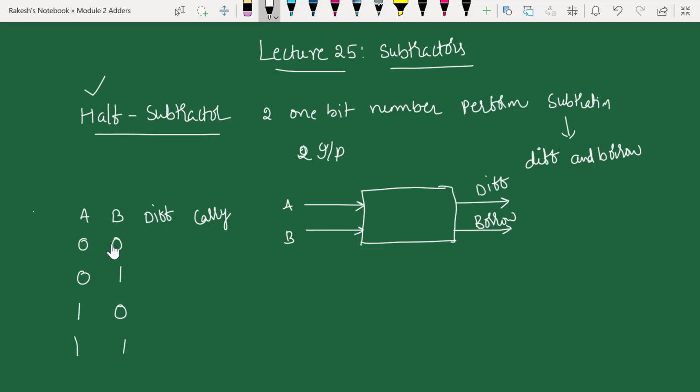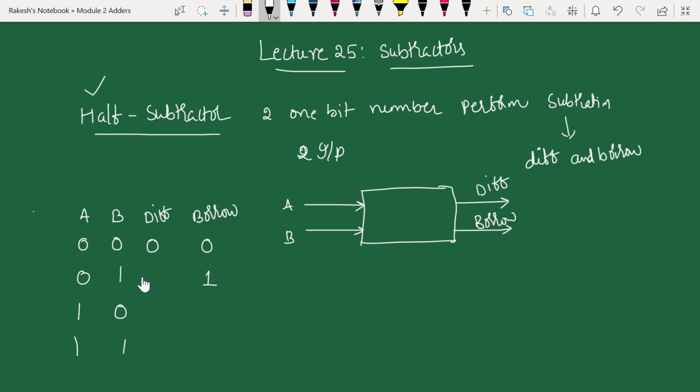When you subtract 0 minus 0, the difference will be 0. Now we are having difference and borrow. Now if I subtract 0 minus 0, I am going to get difference 0, borrow 0. And if I want to subtract 0 minus 1, you cannot subtract, you have to take borrow. That means you have to write borrow first.